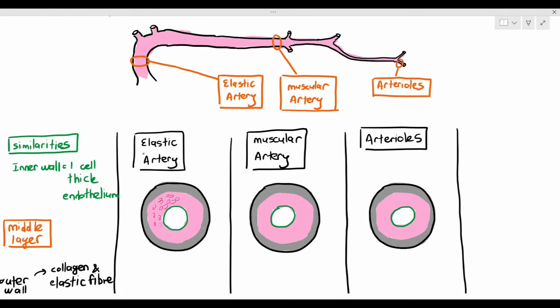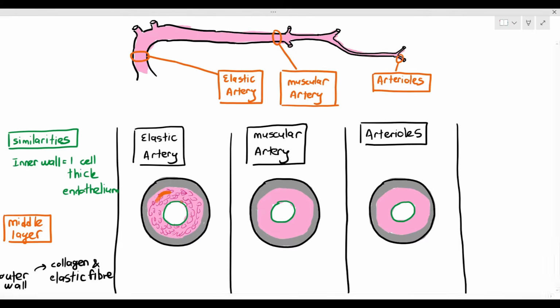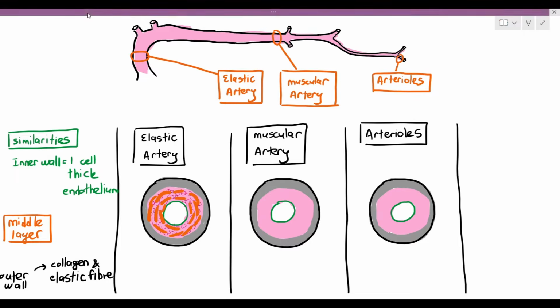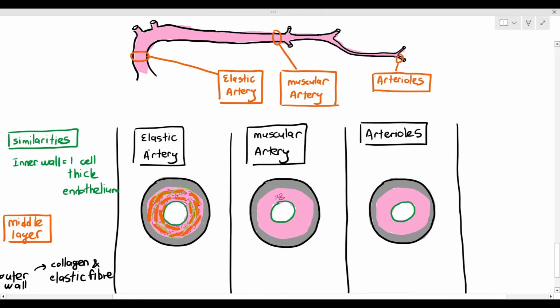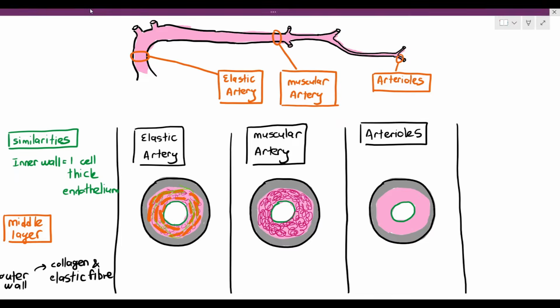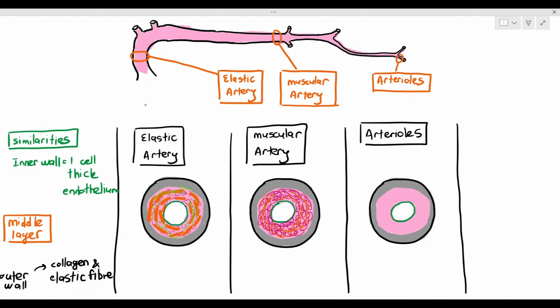As you can see, I'm going to draw out the middle layer of the elastic artery and the muscular artery. Do you notice any difference between them? Immediately you notice that in the elastic artery, the purple coloring is not as much as the one in the muscular artery, but the elastic artery has a lot of those thick orange color lines as compared to the muscular artery.